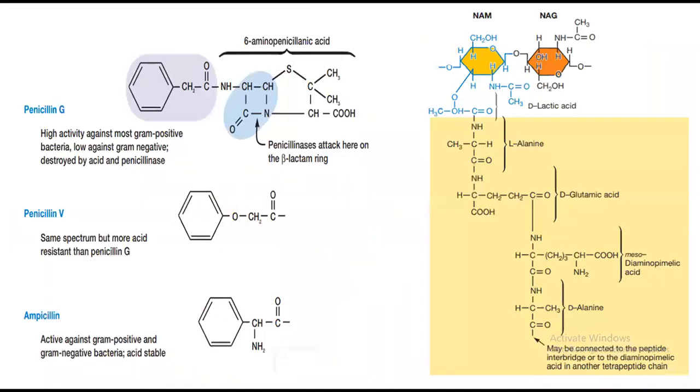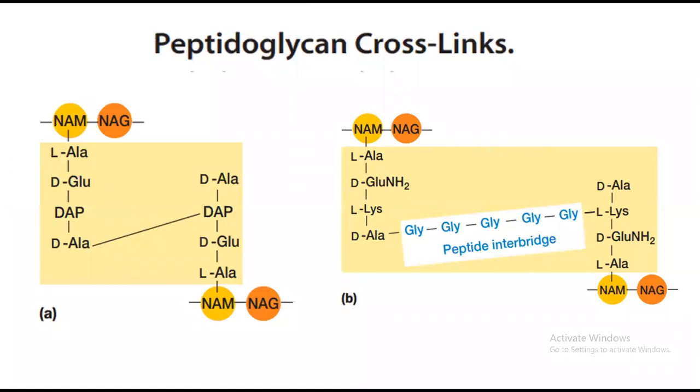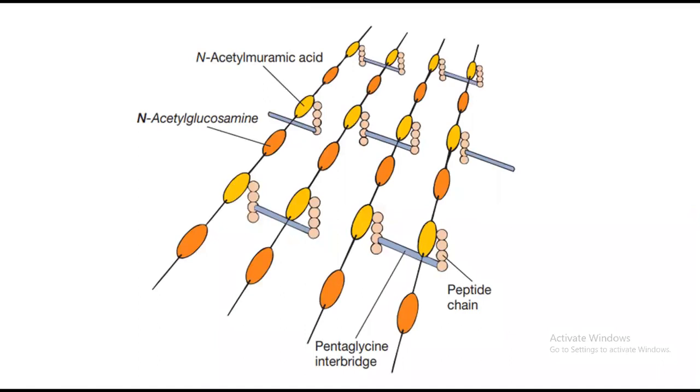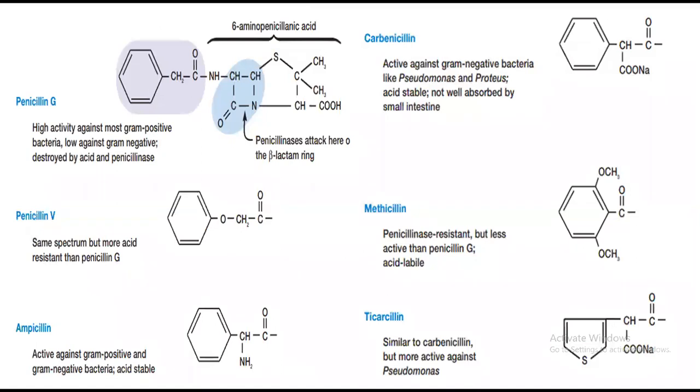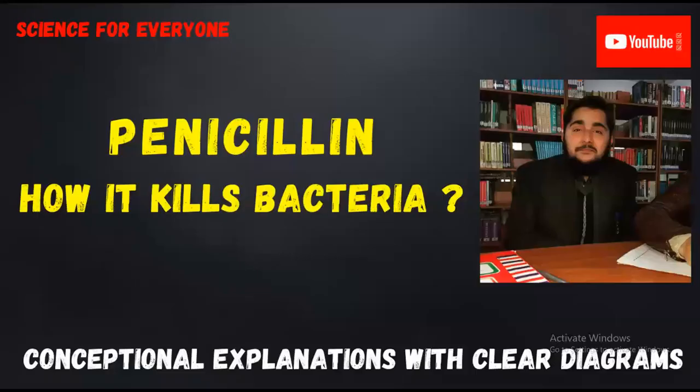So if your examiner asks you how penicillin works, first you should explain the first point. After that, if he further asks you, then you can give the other examples also, that penicillin can kill the bacteria in this way.